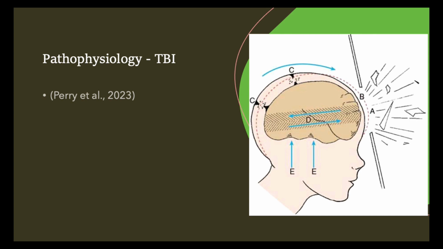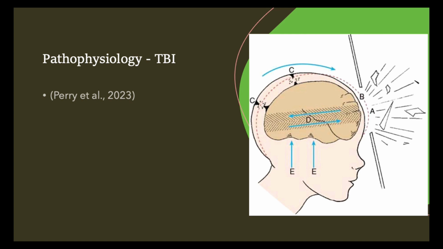This is a good example of the forces that you can see exerted on the brain during a direct impact to the frontal lobe. You can see here, C points forward, where the brain hits the front of the skull at letters B and A. Also, under C, you can see the bridging veins, which are fractured here and then can result in intracranial bleeding.